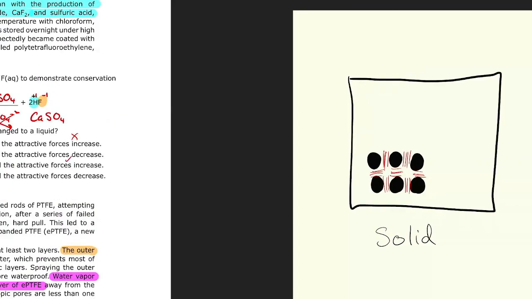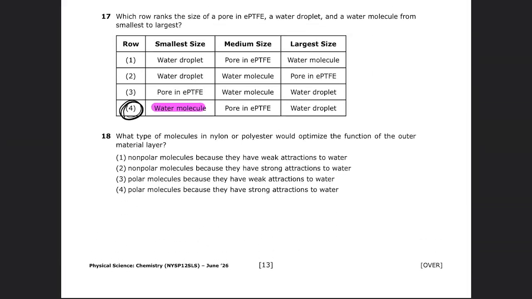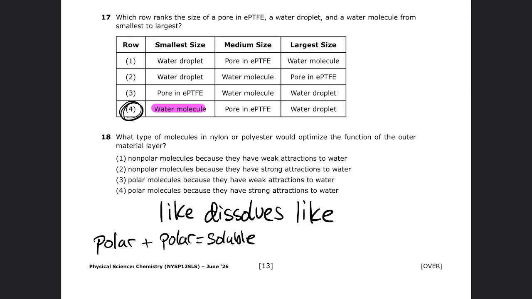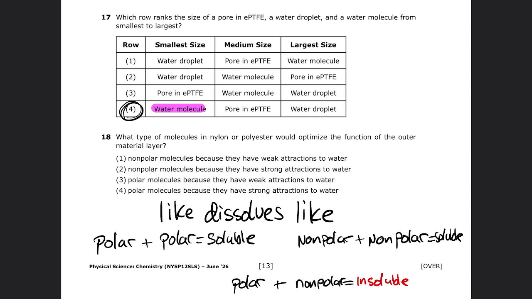So we have to think about our solubility rules here to answer this. Hopefully your teacher taught you a like dissolves like rule. And what that says is that polar and polar compounds are soluble, nonpolar and nonpolar compounds are soluble, and that nonpolar and polar molecules are insoluble. Well, if we don't want the rain to mix with the outer coating on the jacket, we want something that's insoluble used for the jacket.